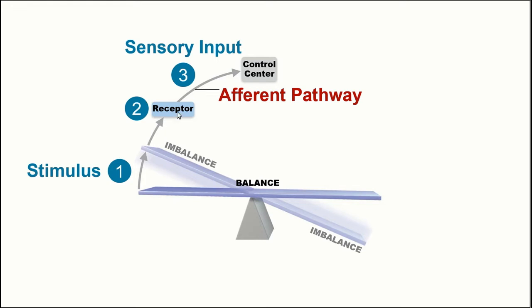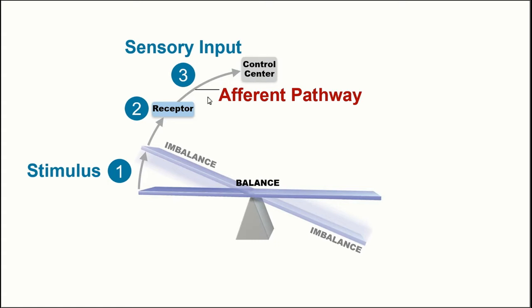And the sensory input pathway is sending information from the receptor to a control center for that particular variable. So if we go back to our body temperature example, body temperature is controlled by a region of your brain called the hypothalamus. There are sensory receptors in our skin that detect body temperature and changes in body temperature, and they send this information to the hypothalamus of our brain, which is the control center for our body's temperature.